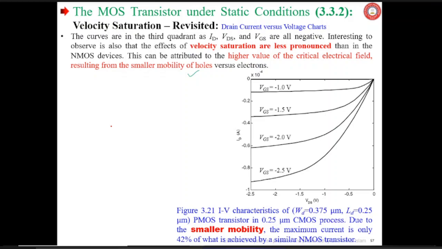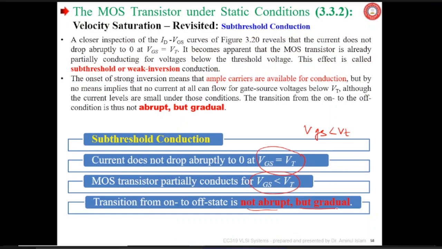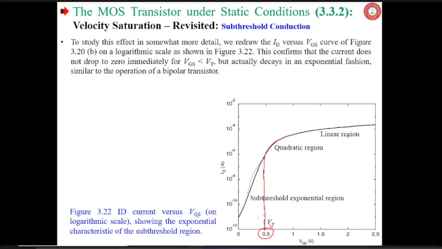Most transistors partially conduct when VGS is less than VT, and the transition from on to off is not abrupt, but gradual. In a log plot we have seen this also, how VT is here and it is not zero current. It is not falling to 0 here. Still, a gradual drop is there.